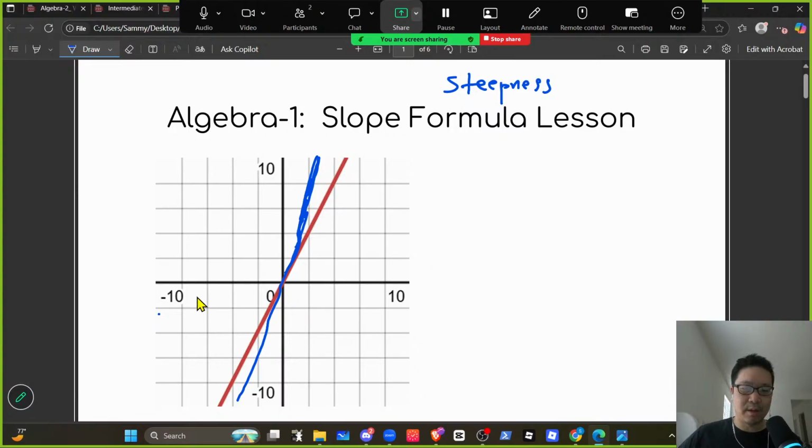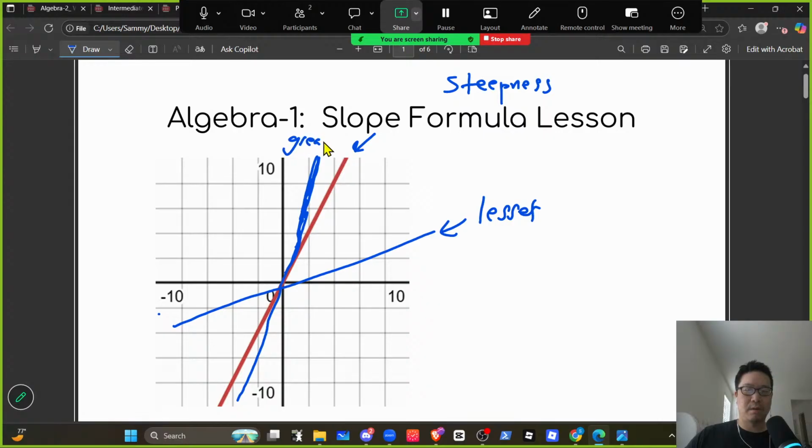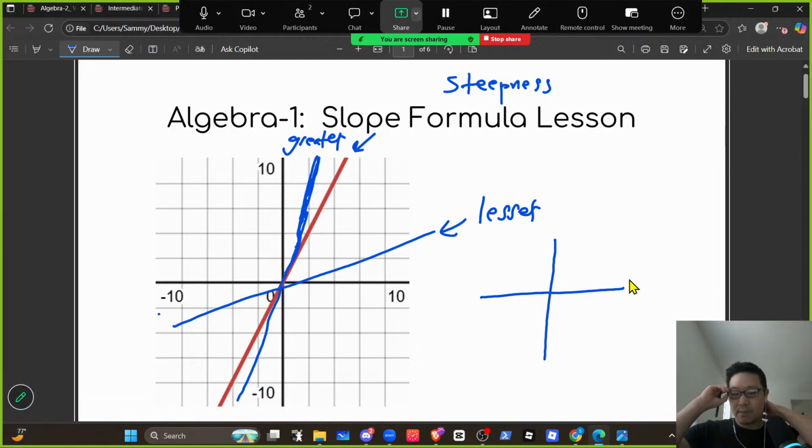A line instead that looks like this, compared to this slope, the slope of this line would be lesser or smaller. Also, we always identify the sign, in other words, the positive or negative of a slope, going from left to right.